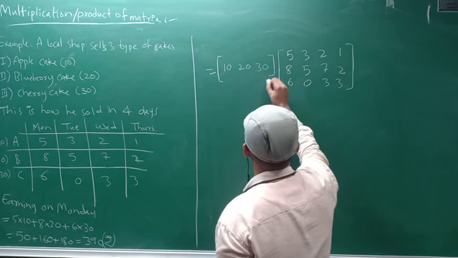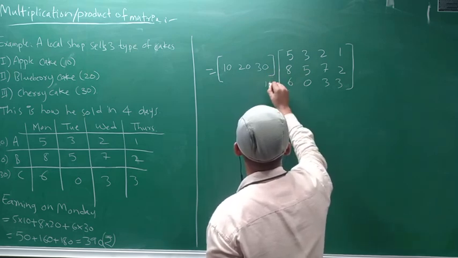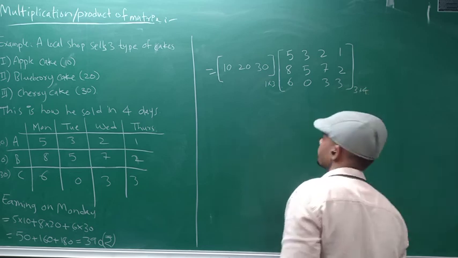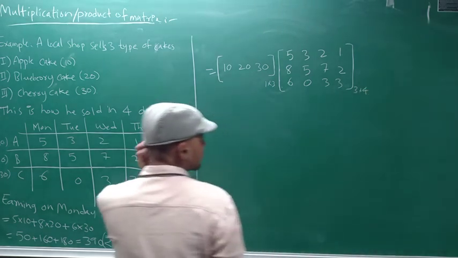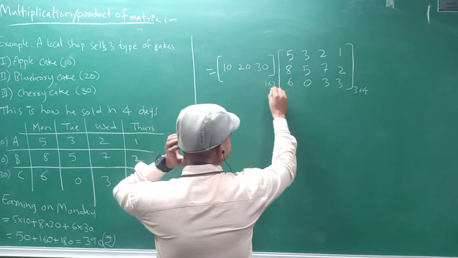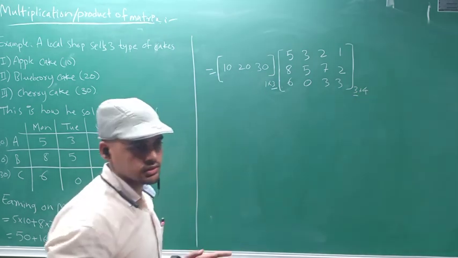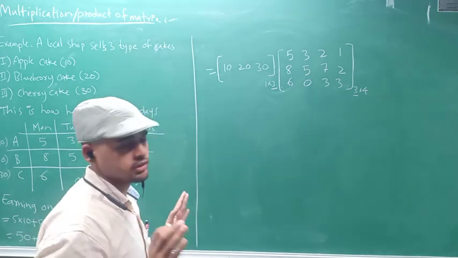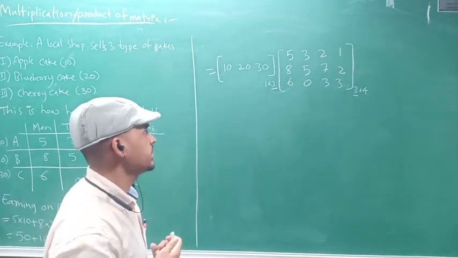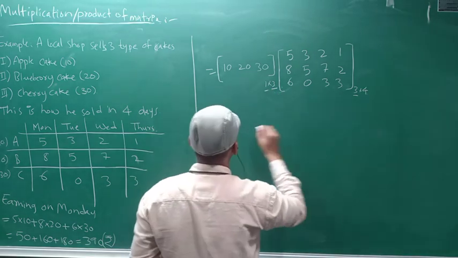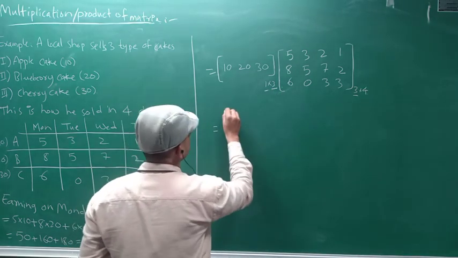The order of the first matrix is 1 by 3, and the order of the second matrix is 3 by 4. Since these two inner numbers are the same, it is possible to multiply the matrices. So what matrix are we going to get? 1 by 4.